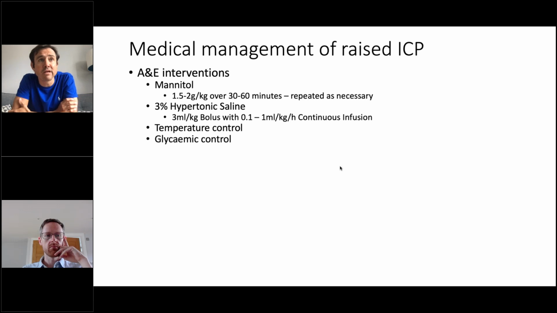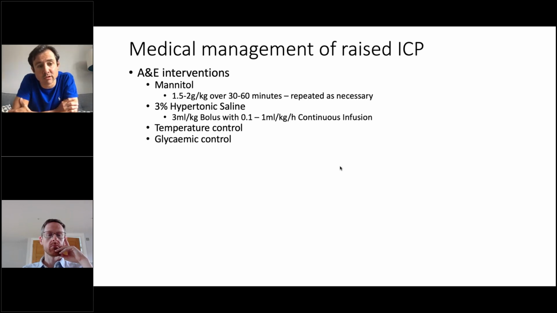Now, of every intervention that's been examined or studied, glycemic control is the best prognosticator of outcome from head injury. So it's super important to do the simple things right.